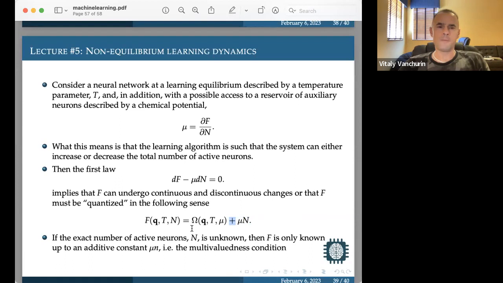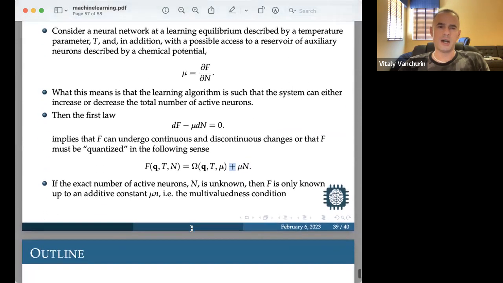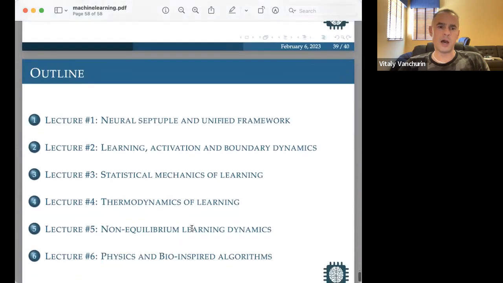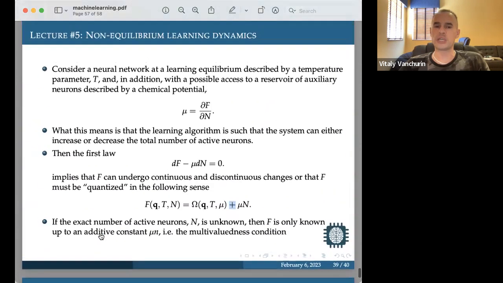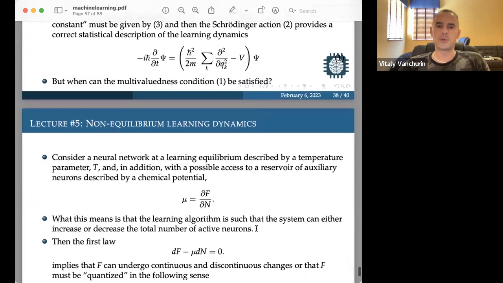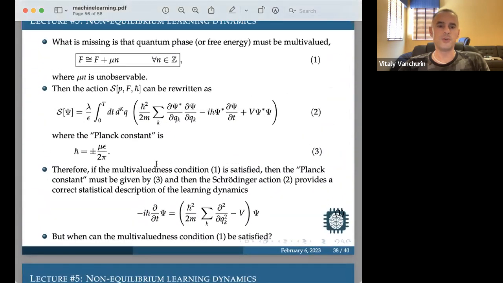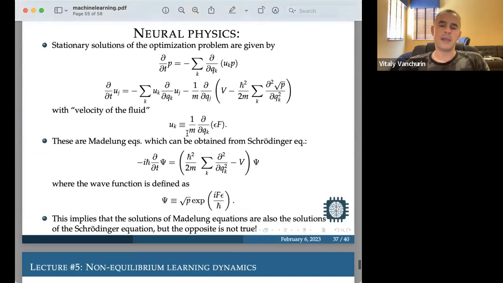Okay, so I will probably stop here, take questions, and quickly outline what we're going to do next. Next time there are two different directions we can go. One direction is to explore at the level of algorithm what it means for the number of neurons not to change. The other direction is to study how this probability distribution P of Q, the one that we've been studying, actually evolves.